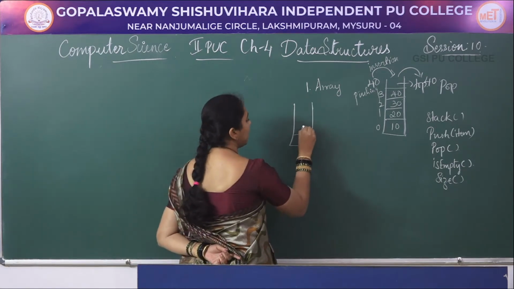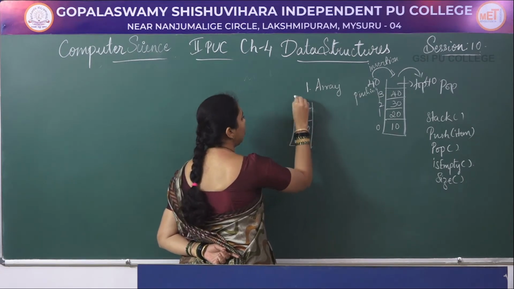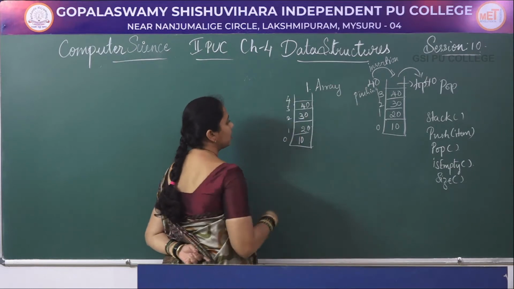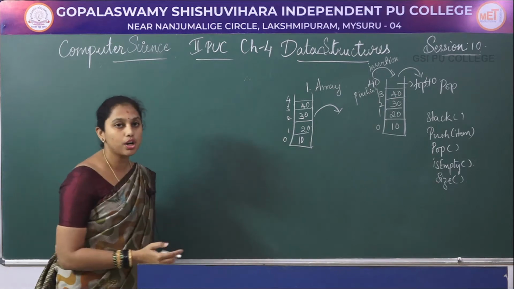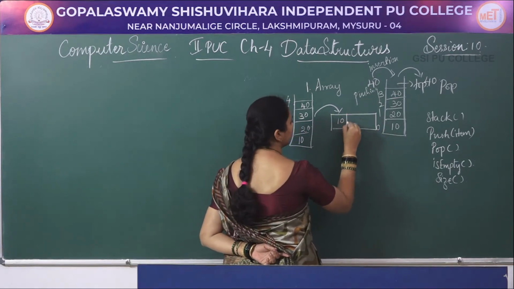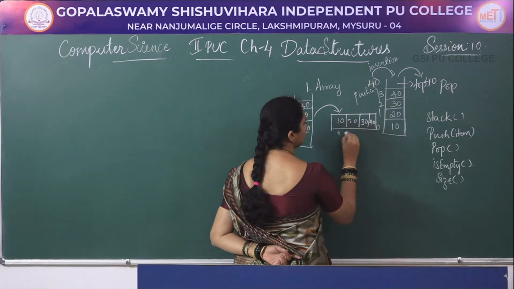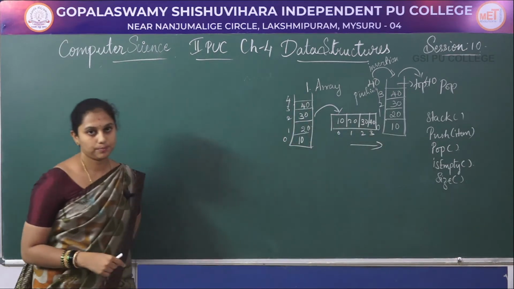See, the stack contains 10, 20, 30 and 40 as its items. So we are representing the stack in terms of an array. The array grows in this direction.